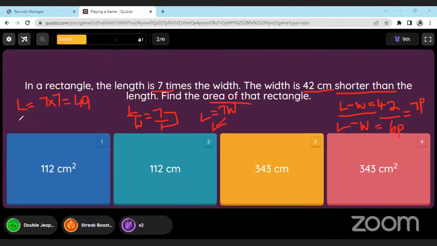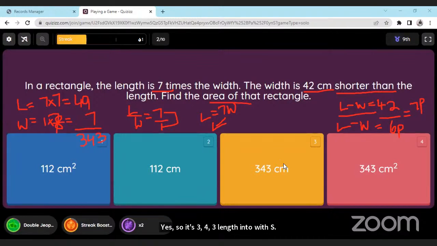Next, width equals 1 times 7, which is 7. So length into width is 49 times 7, which is 343.